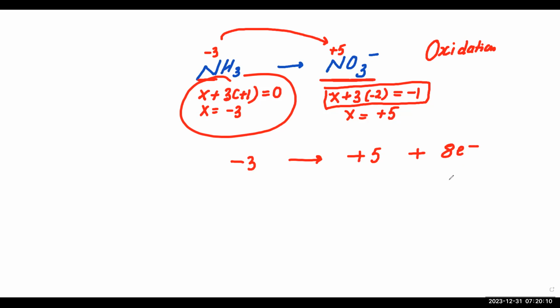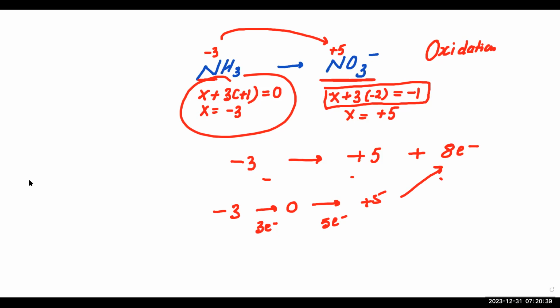That's why the oxidation number is changing by 8. See, the total change is 8. Minus 3 to 0, 3 electrons. 0 to plus 5, 5 electrons. So total electrons are 8. Is it right? So children, are you comfortable with these oxidation numbers and identification of oxidation and reduction reactions?